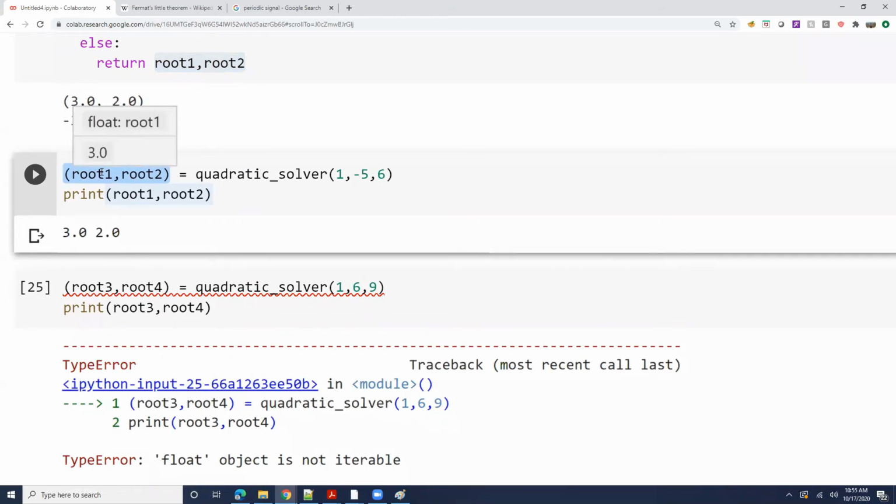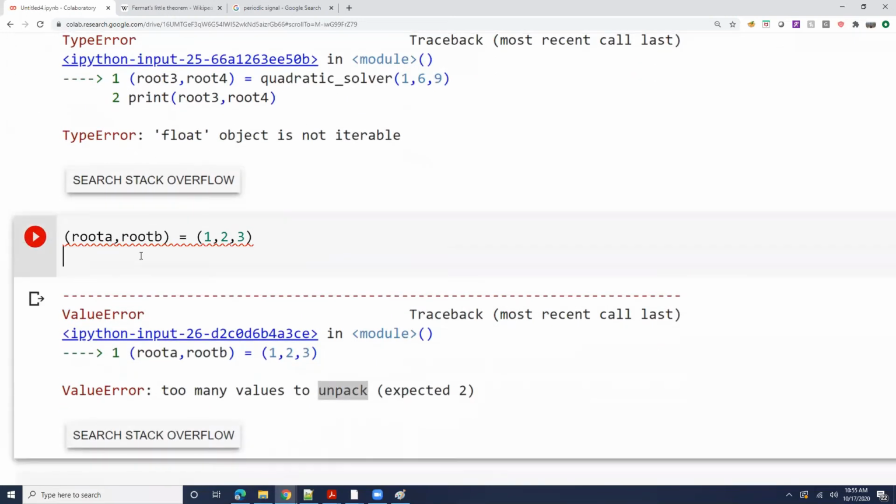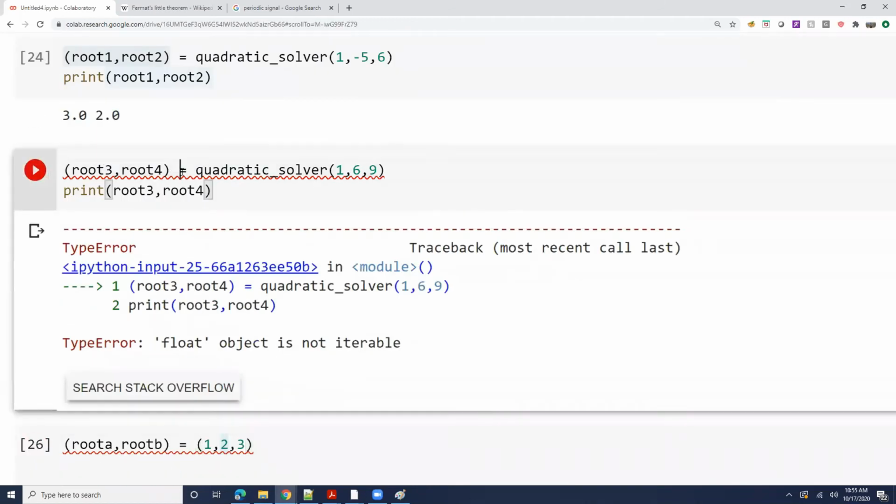Could you please explain again? Which error, Shruti? This one, the root A comma B equal to 1, 2, 3? Okay, this one, 169. When you return this 169 thing, instead of returning it to this, I'll call it roots.